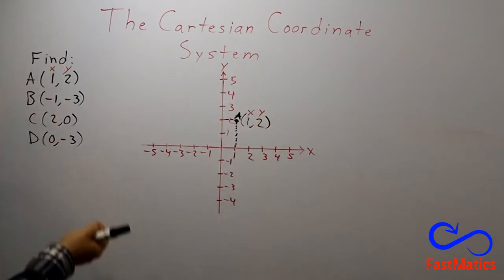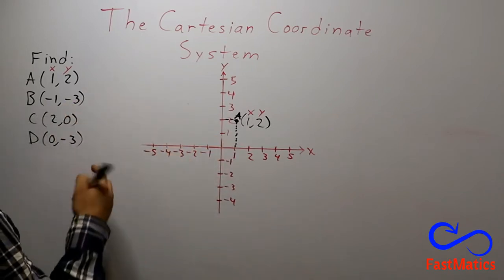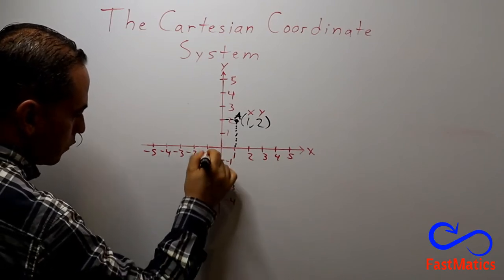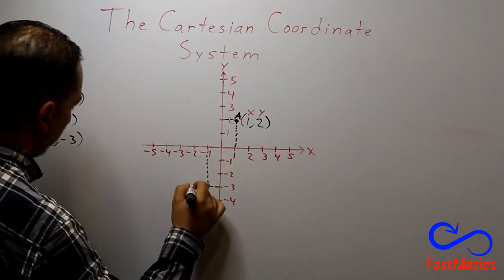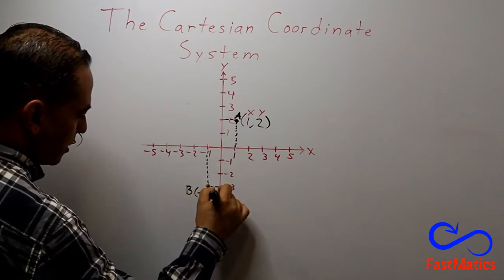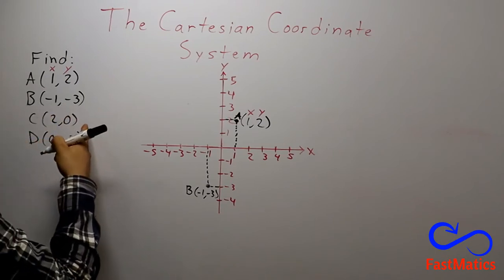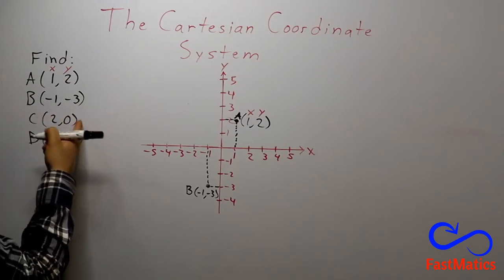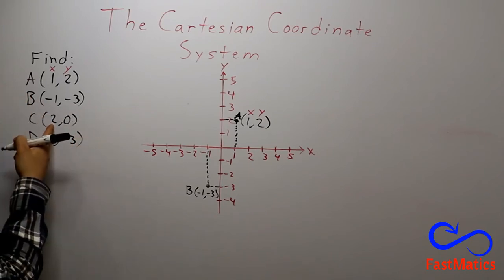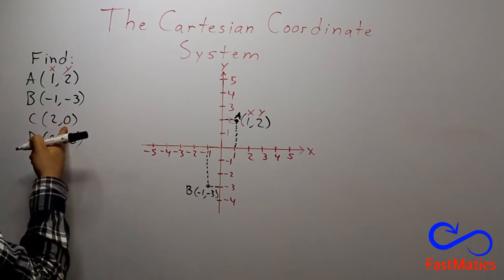For B, we're going to walk 1 unit to the left and 3 units to the bottom. 1 and 3. We have the coordinate B: -1, -3. After that, this is important because there are people who are confused by it, but it is very simple. You're going to walk 2 units in the x-axis and 0 units in the y-axis.